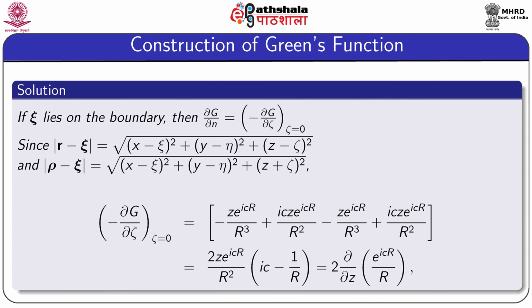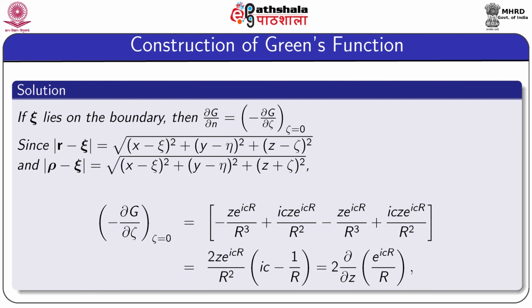Also, on the boundary z equals 0, del g del n is equal to minus del g del zeta at zeta equals 0, and we can obtain the expression for mod r minus xi in terms of Cartesian coordinates.